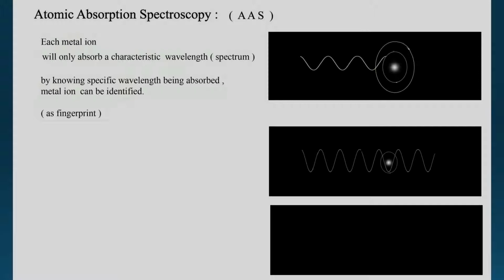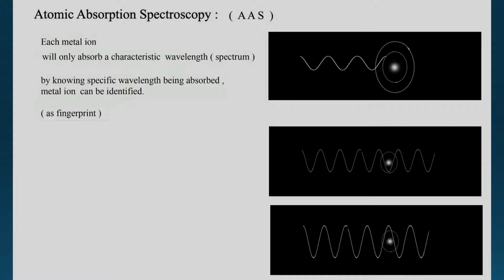The wave frequencies simply pass through the atom, as if they don't see each other. So no absorption takes place. And at another frequency, again, this atom will not absorb to jump onto a higher orbit. So each atom, each metal ion, will only absorb a characteristic wavelength.